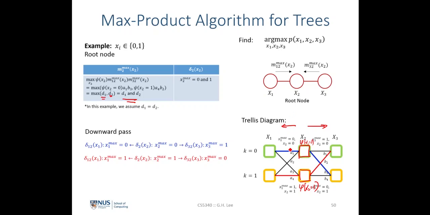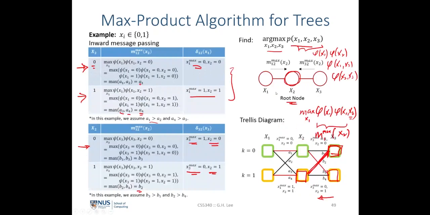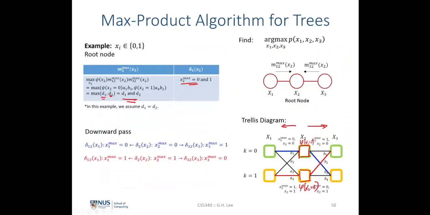The downward pass into x1, I can easily track which state of x1 gives rise to the maximal probability when x2 equals to 0 over here. So in this case, it's x1 equals to 0, which corresponds to this path over here.